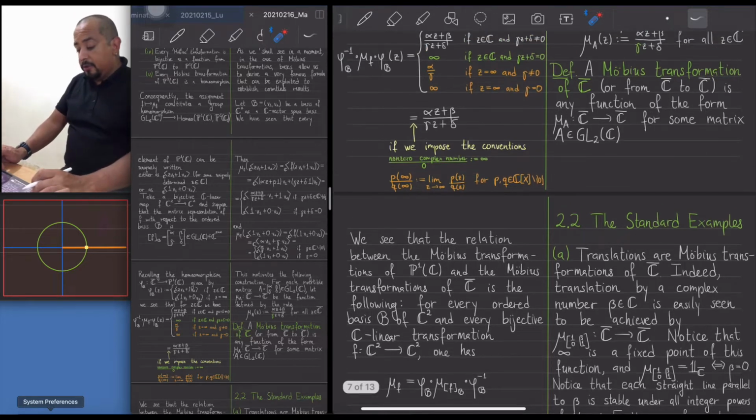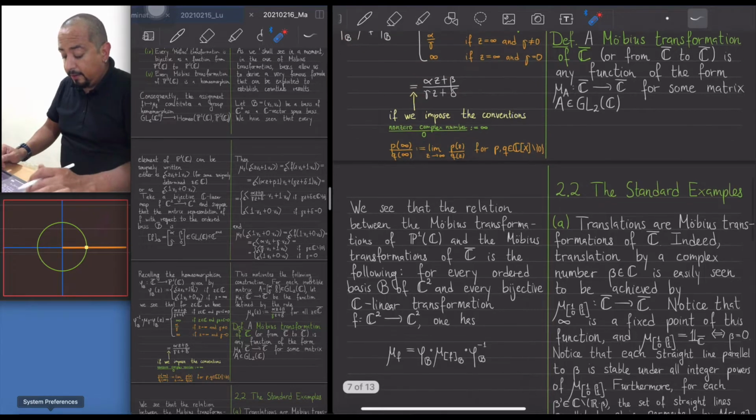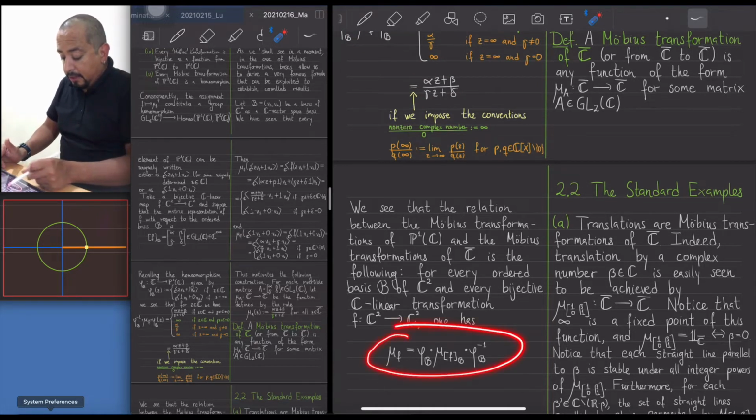So I'm pretty much just rewriting this. That's the relation between mu f and mu of its matrix. Okay.